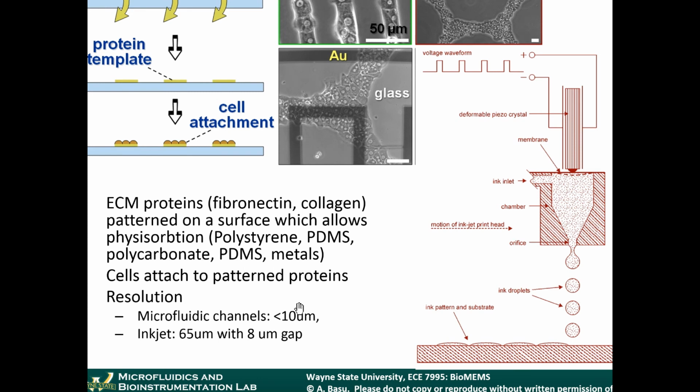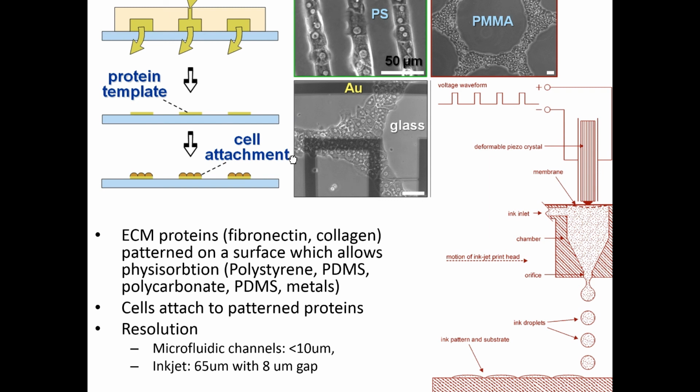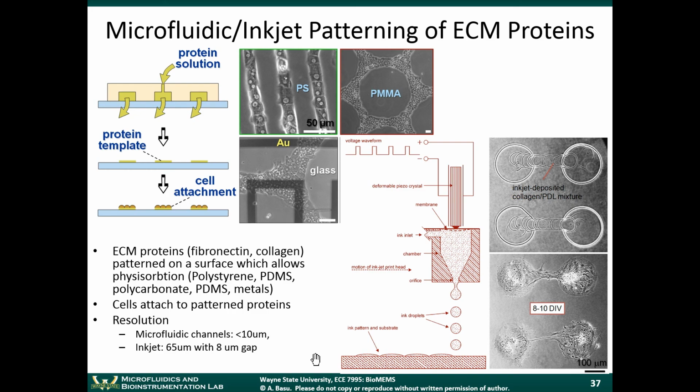The difference between microfluidic patterning and inkjet patterning is that with microfluidic channels you can get a good resolution, 10 microns or better. With inkjets you can only get maybe 65 microns, typically even more than that. The advantage with inkjets obviously is that it's a very inexpensive process.